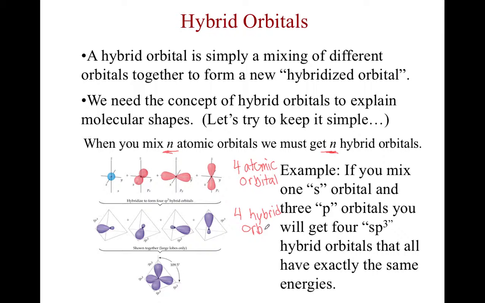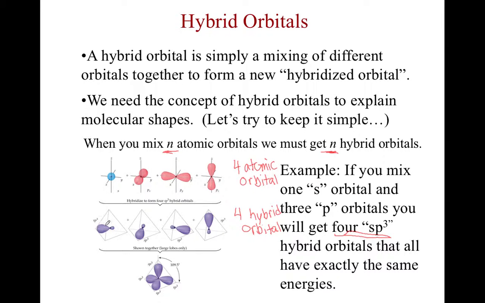So S and P are mixing together. So that means that we're going to have some SP hybrid orbitals. And so if we have 4, S is 1, and then we have 3 P, that is going to give us a total of 4 SP3.